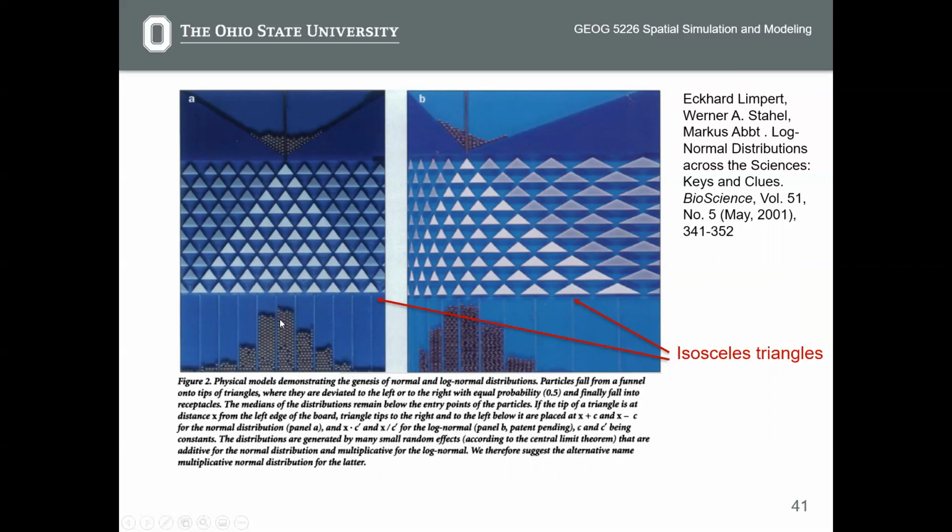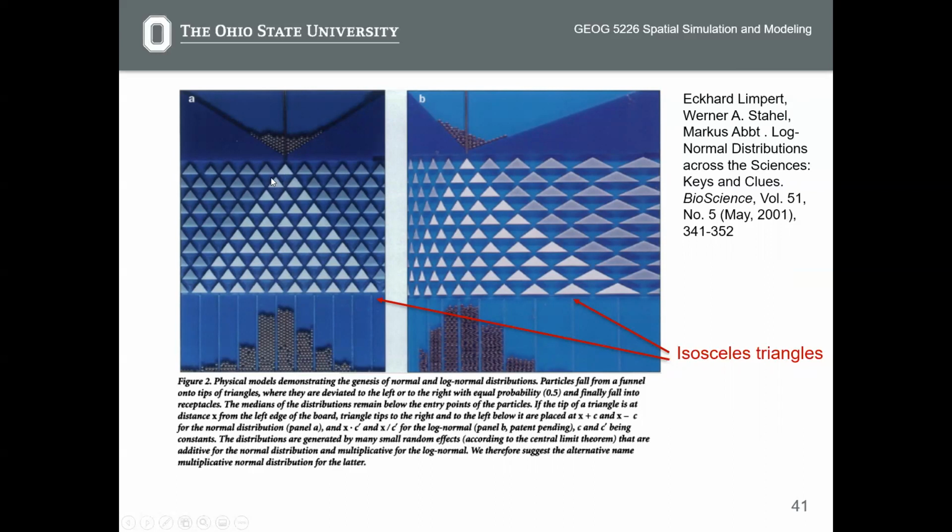right? For most steel balls, they are in the center of this distribution, which means that if a ball is dropped right here, it's most likely that it will drop into the central box here. That's normal distribution. And this is a process called additive process, because for each triangle, the probability is 50-50.